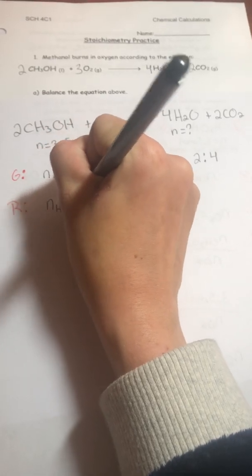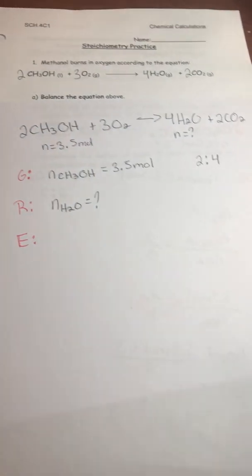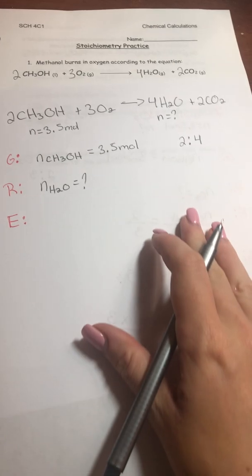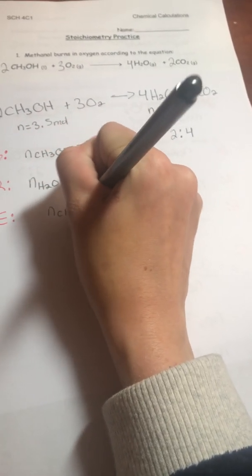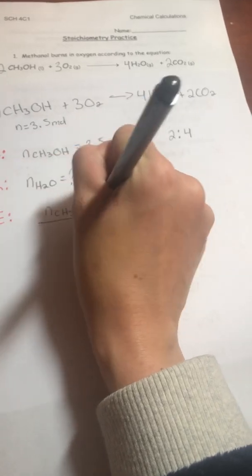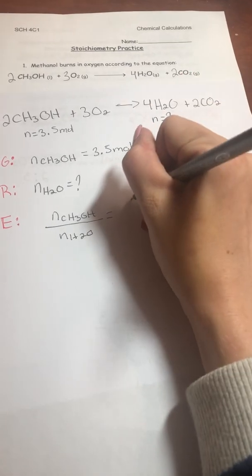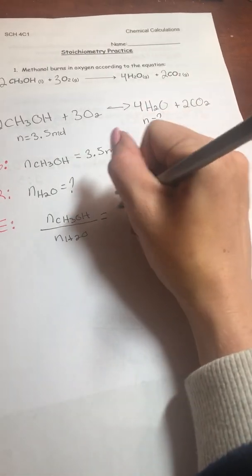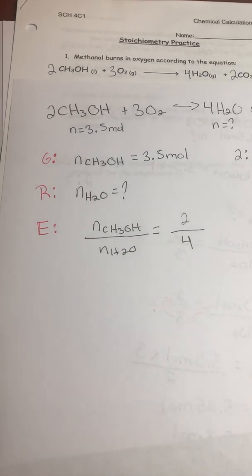Okay, so what's required is my N of H2O question mark. Okay, so it's my known compound on top, so it's the N of CH3OH over top of my N of H2O, my unknown. So then I would have 2, because it's the coefficient of methanol, and then 4, because it's the coefficient of water.